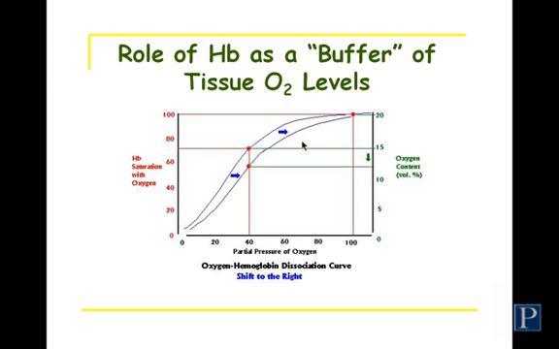It can deliver a lot more oxygen to the tissue if it needs to, so the tissue levels don't change that much. And even if the alveolar partial pressure of oxygen changes a good amount, as long as the hemoglobin stays relatively saturated and nothing else bad happens, it can deliver a sufficient amount of oxygen to the tissues.